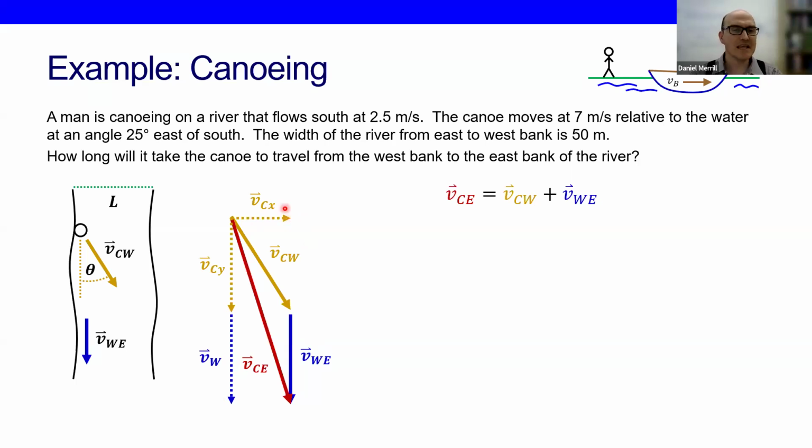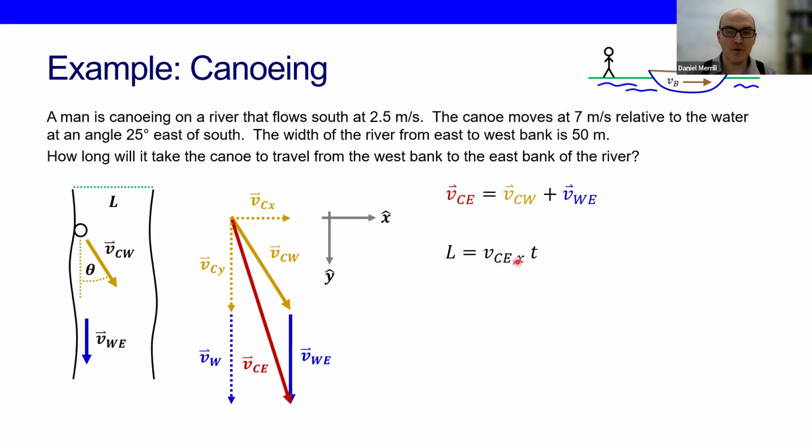Oh, and that's actually really useful, because I want to find out how long it takes the boat to get across the river. Then all I need is this x component, this eastward component of the canoe's velocity with respect to the water, because I'm going to add to that 0. So the motion across the Earth, this 50-meter distance, would be the velocity of the canoe with respect to the Earth in this eastward direction, times the time that it takes to go there.